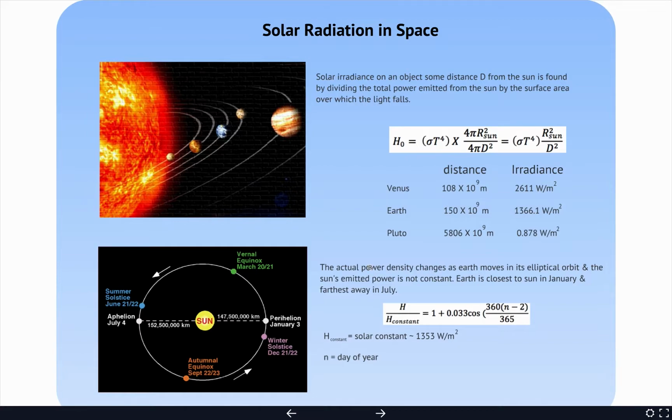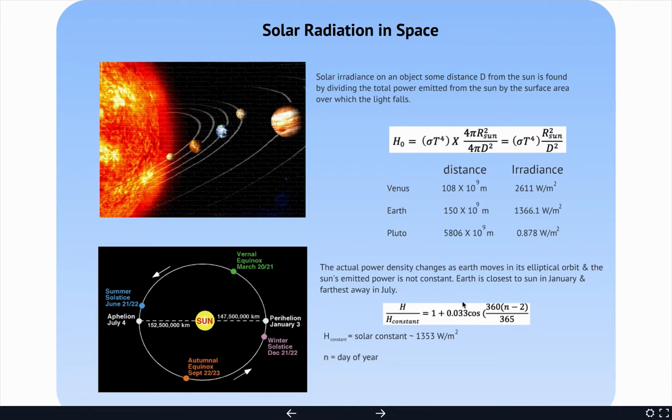Of course, the exact power density changes because these orbits are not perfect circles, right? They go as an ellipse, as we know, right? In January, we are closer to the sun than in July. July, we are a little bit further from the sun. So we know these things because it's not a perfect circle. So in some situations, we have to account for this. In our class, we won't, but something you should be aware of.